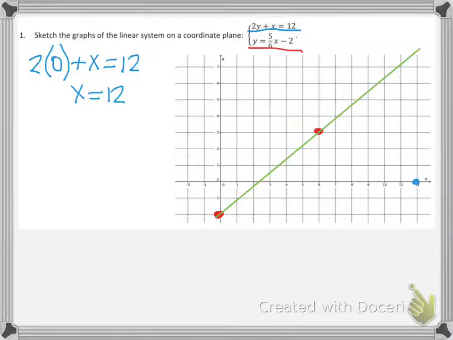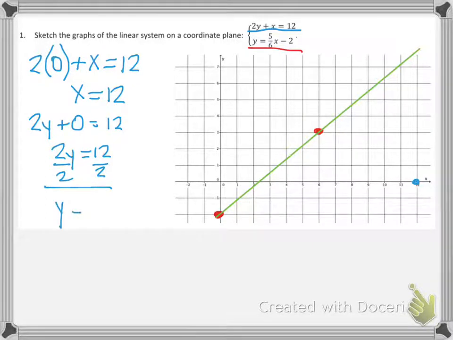And then in order to find the y-intercept, I make x equal to 0. So that's 2y plus 0 equals 12. So I get 2y equals 12. And then divide both sides by 2. y equals 6. So this line is going to cross the y-axis at a positive 6 right there. And then I can draw the line that crosses through those 2 points.